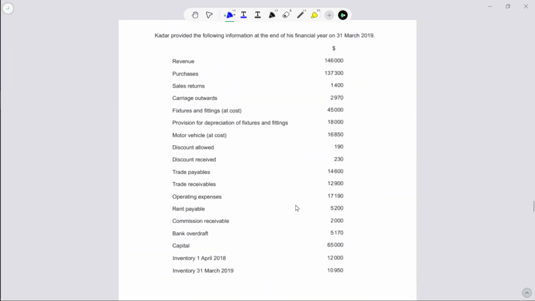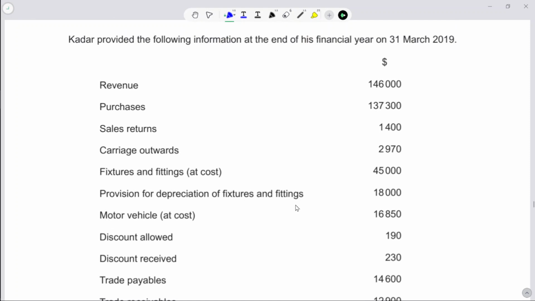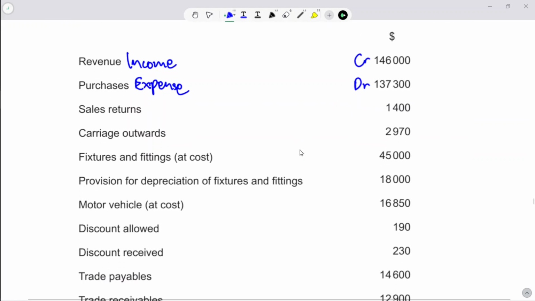Here we go again. Revenue is an income, so we credit. Purchase is an expense, so we debit. Sales we credit, right?